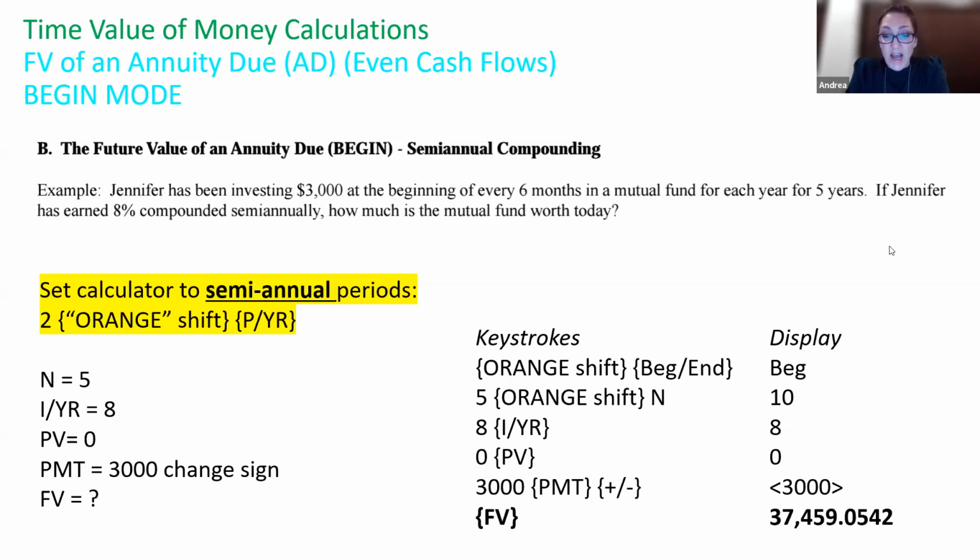So she was saving for 5 years, so it's 5, orange shift button and your N, which is 10 periods. She was earning 8% per year, saving $3,000, not per month, but for every 6 months, twice a year. And we are solving for future value, which is 37,459.0542.